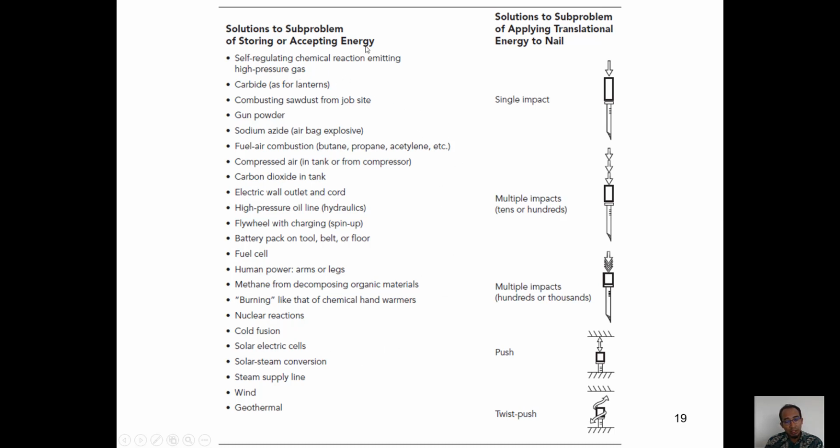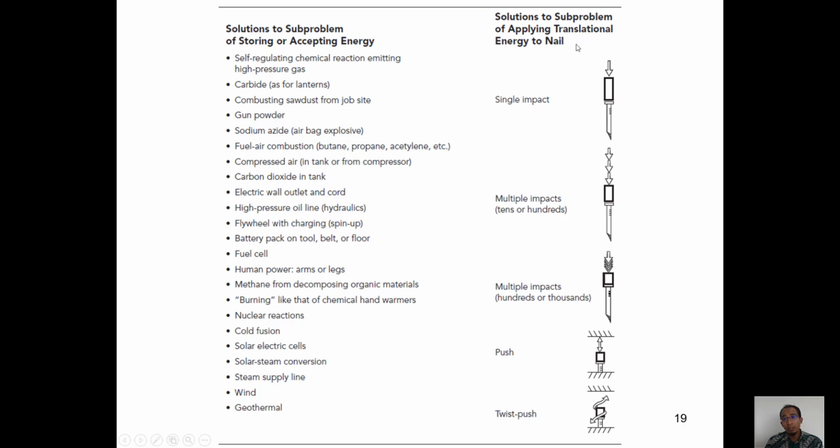In storing or accepting energy, we have different ways of storing or accepting energies: self-regulating chemical reaction, for example carbide, combusting, gunpowder, sodium azide, and so on and so forth, with steam supply line, wind, geothermal. So we have all these means or ways of storing or accepting energy.